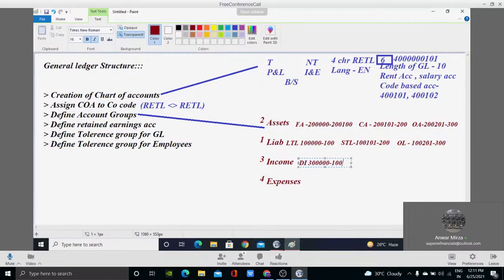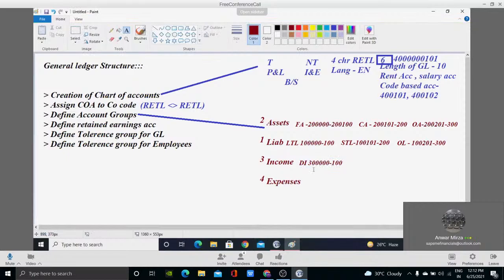These are mostly used in national and international business. Is it clear? If this is the requirement, don't you think 100 is more than enough? If they are asking to create 500, then you know what to do.